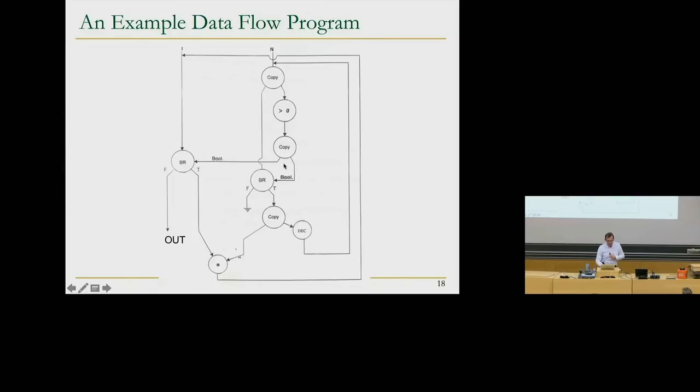We've copied n over here. Oh, this is true or false, right? Now, if this is true, n gets copied over here, and then n gets copied over here. So what's happening over here is you get this input coming down, and then n coming down. You multiply 1 times n, and then you decrement n by 1. So, okay, did I give you enough hints? Can anybody guess what this program does?